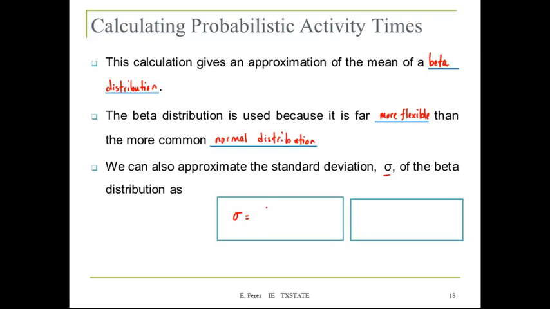Sigma is going to be equal to b minus a divided by 6, where a equals optimistic estimate, b equals pessimistic estimate.